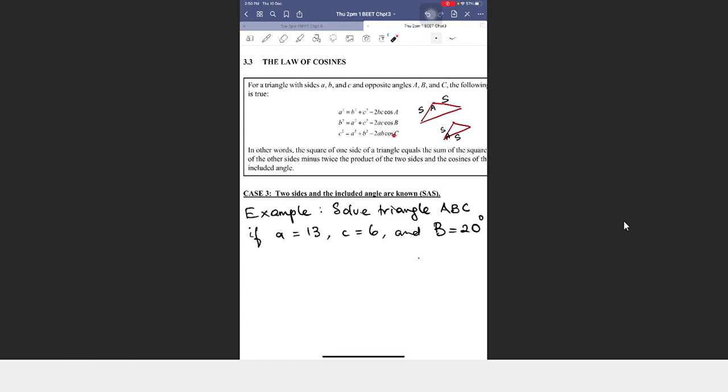Then that particular type of oblique triangle requires you to use the law of cosine to find the length.